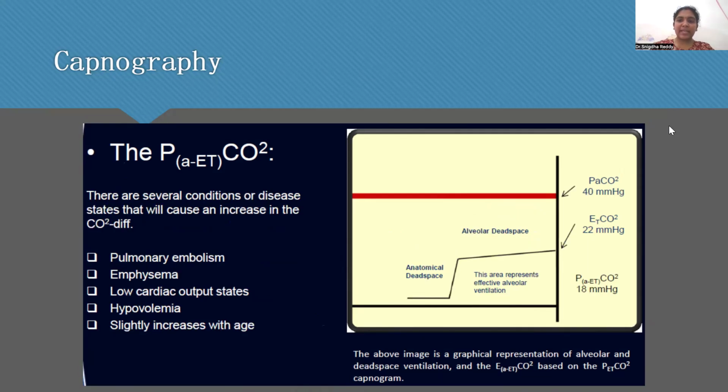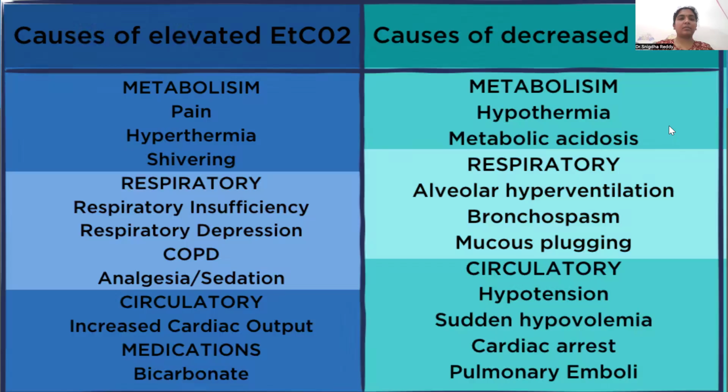As the alveolar dead space increases, the difference also increases. Several conditions will cause an increase in this difference: pulmonary embolism, emphysema, low cardiac output states, hypovolemia, and it also increases with age.